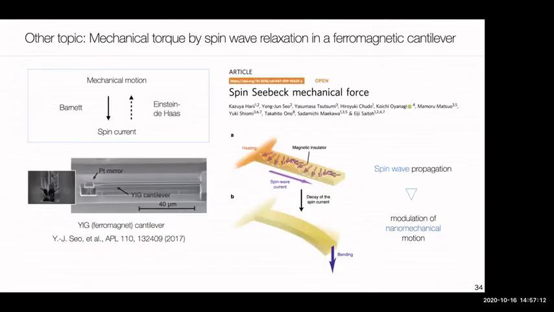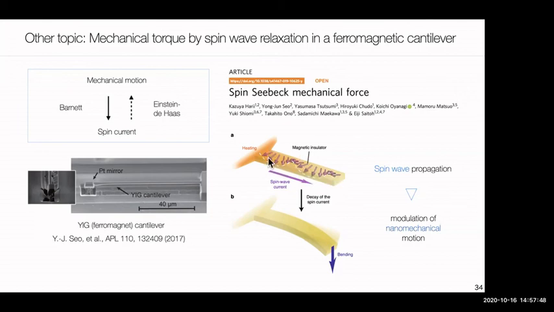one demonstration of the Einstein-de Haas effect is this. The collaborator demonstrates the Einstein-de Haas effect driven by spin current injection giving rise to a mechanical torque. This setup is a ferromagnetic insulator cantilever. You apply heat, then spin wave propagation is generated in the ferromagnetic cantilever.